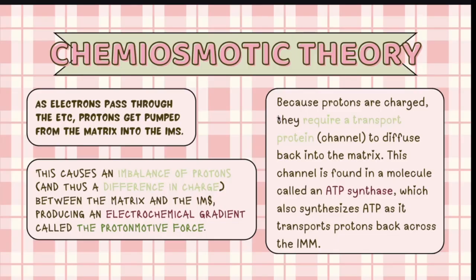Now, when we want to return these protons back into the matrix, we're going to need a protein or a transport channel. Why? Because protons are charged, so the membrane is impermeable to charged ions and therefore protons. Now, where is the transport protein found?